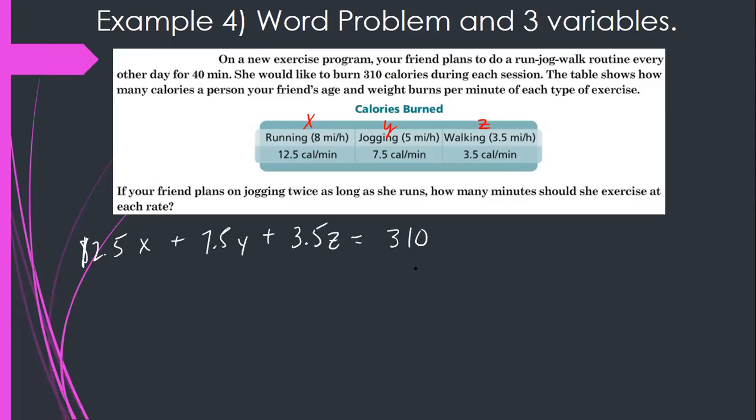And she wants to work out how much? A total of 40 minutes every day, right? So she wants to dedicate 40 minutes every day to the exercises. So X amount of minutes plus Y amount of minutes plus Z amount of minutes has to equal 40.